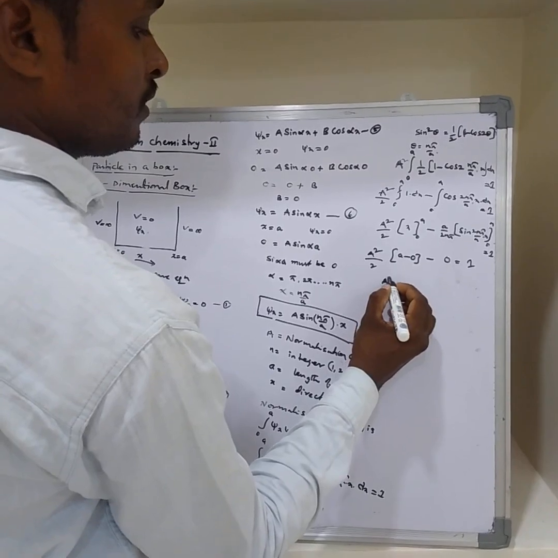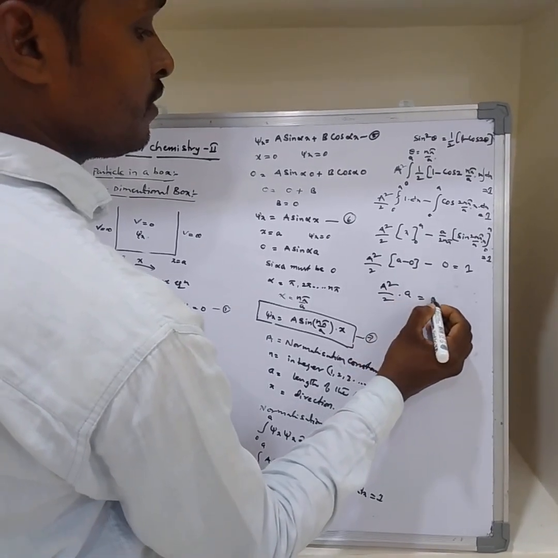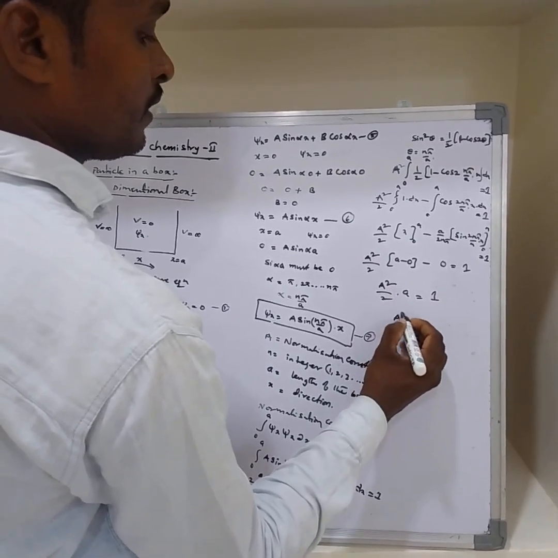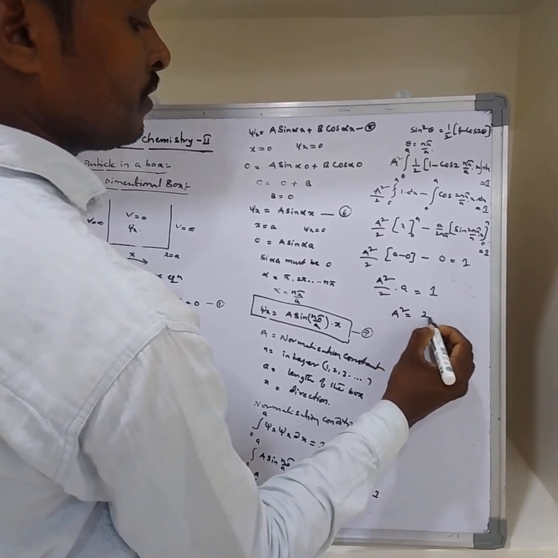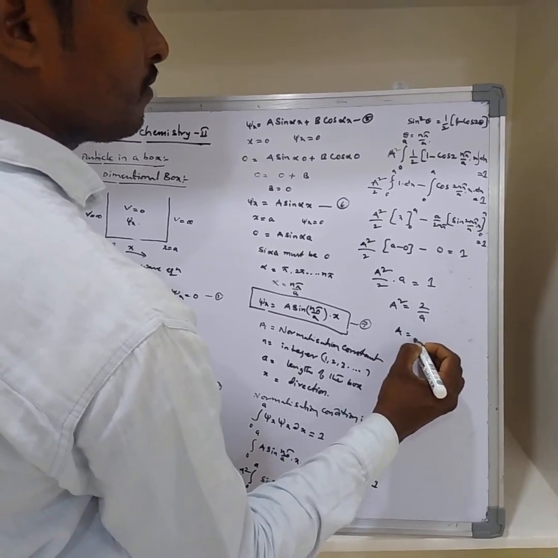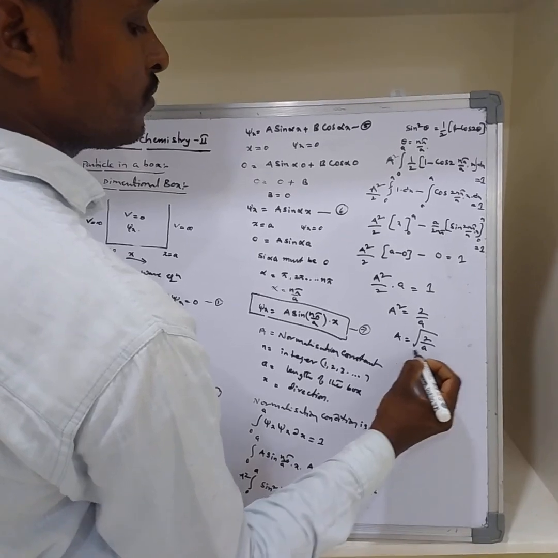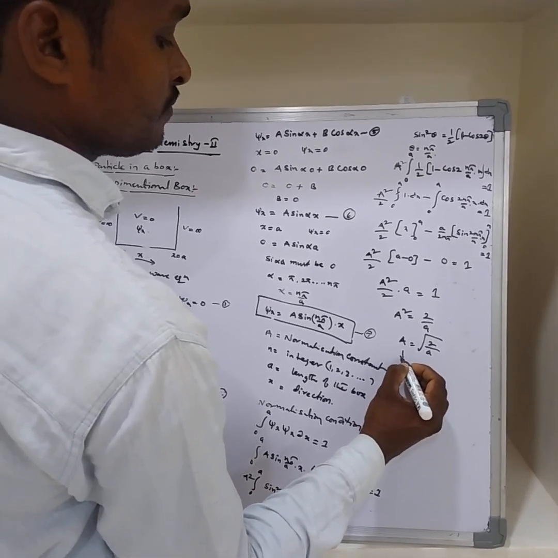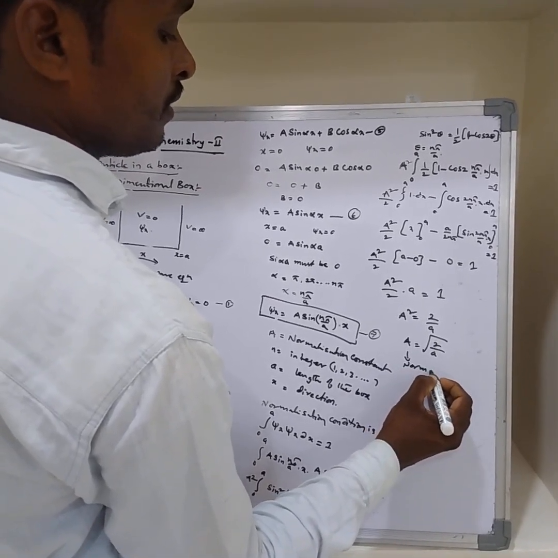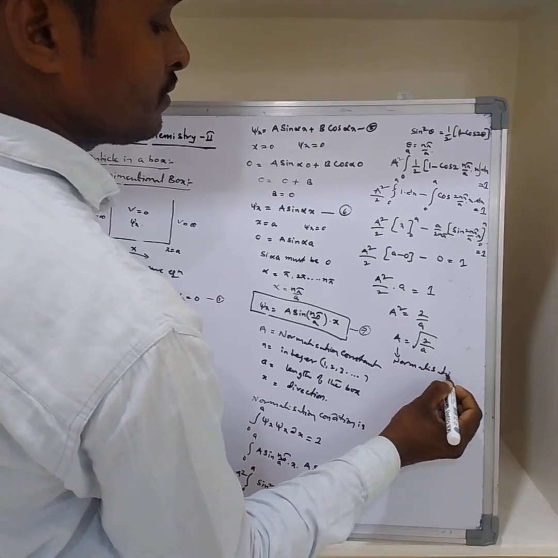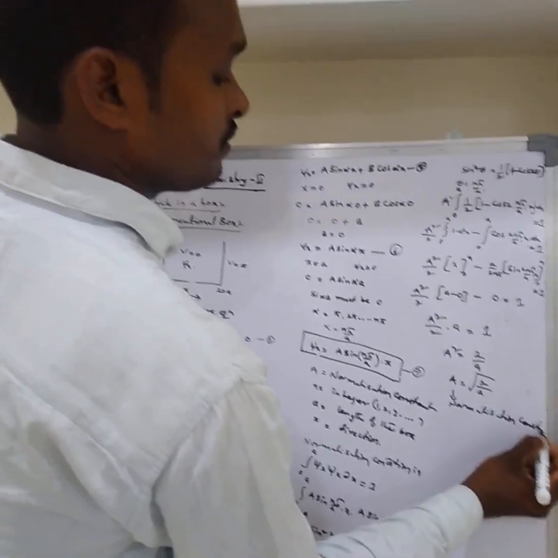So A squared by 2 into a will be equal to 1, therefore A squared equals 2 by a, so A will be equal to the square root of 2 by a. So A is called the normalization constant.